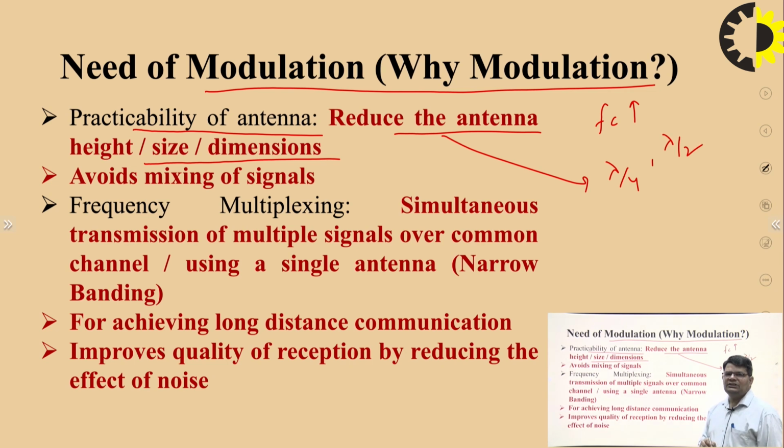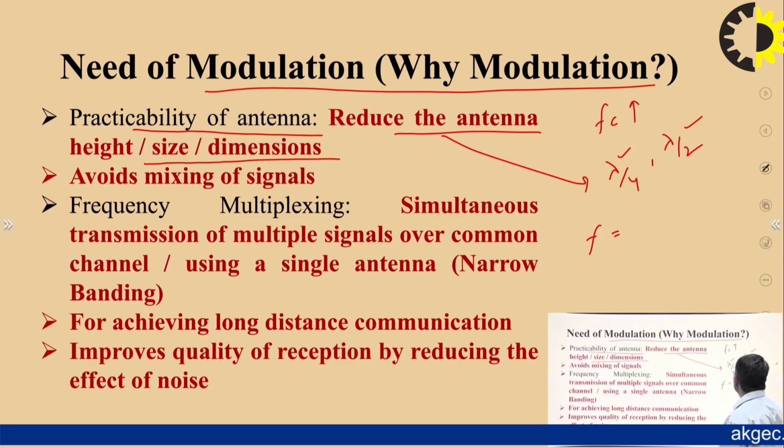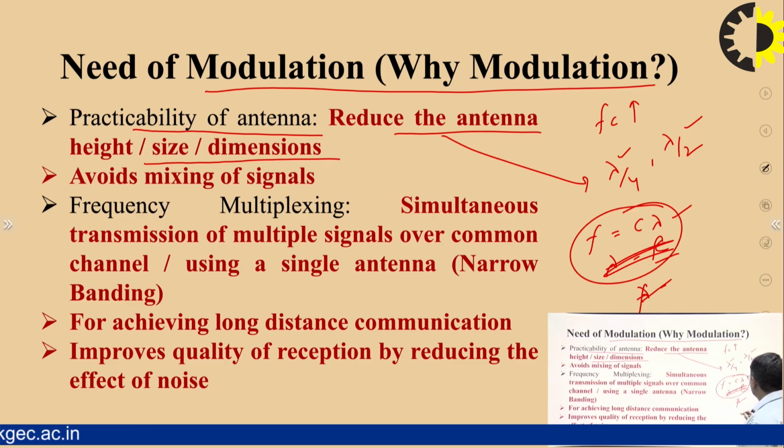So the antenna size is given by lambda by 4 or lambda by 2, and we know that f equal to c by lambda, so we have lambda equal to c by f.